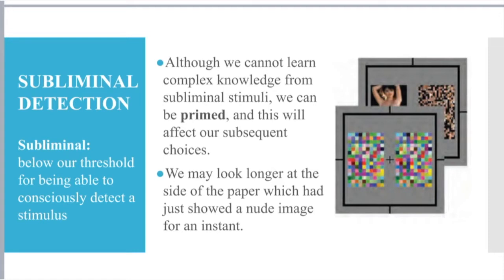But once the second screen came up of all these colorful pictures, people across the board looked at the left side of the screen longer. That's because the subliminal detection of a nude picture drew them to that side of the screen, even though they're the same image. So that gives us insight into what subliminal messaging does.